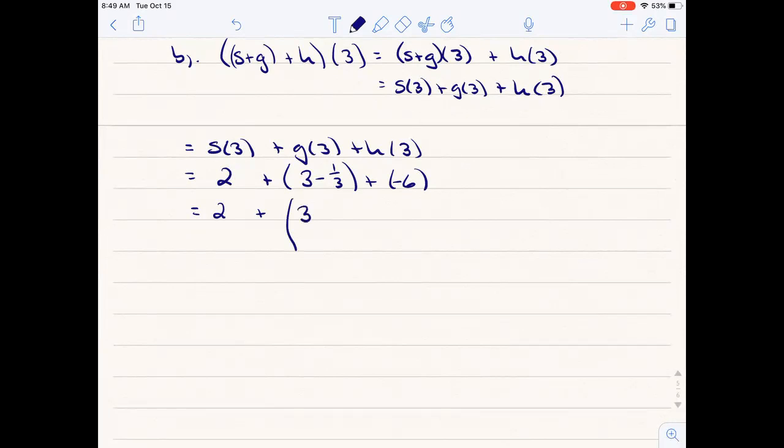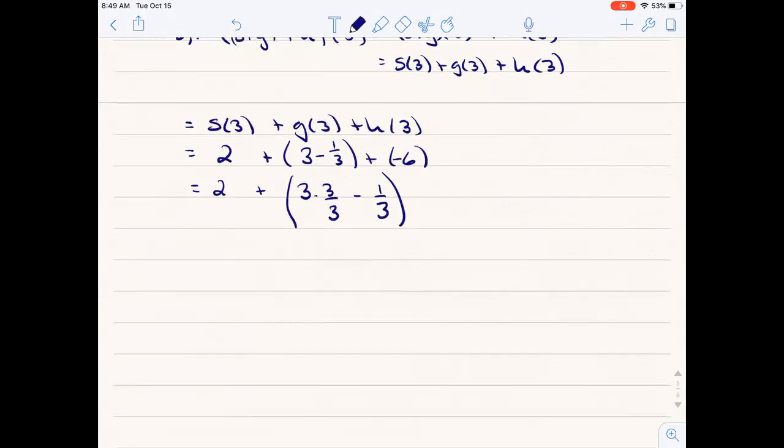Do you remember, I think I saw it a few times on the test, where to put it over a common denominator, you were using the trick that I like, which is 3 over 3, right? So 3 times 3 over 3 minus 1 over 3. Just because I want to have a denominator of 3 in order to subtract these, -6.